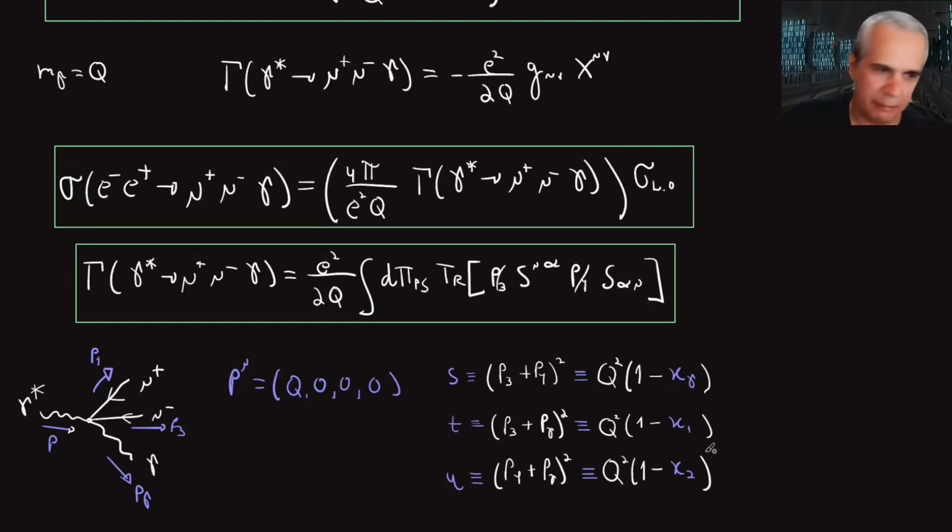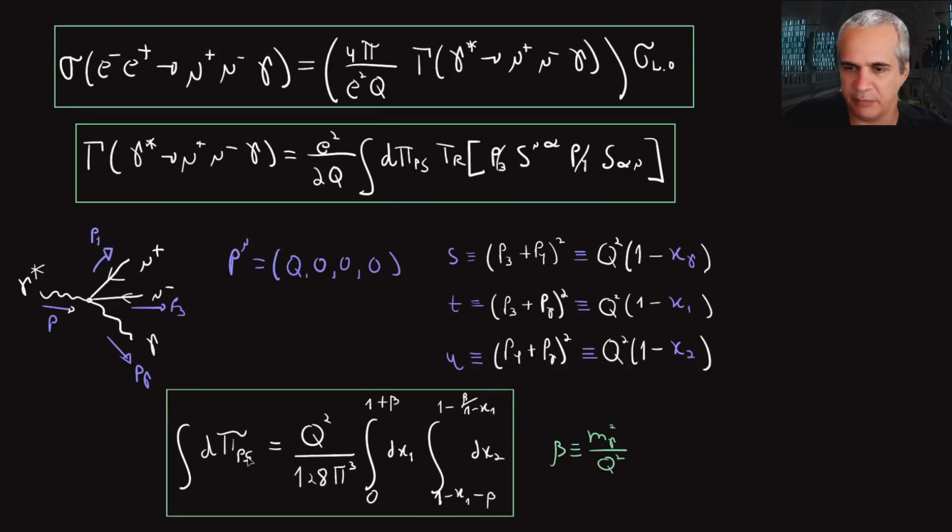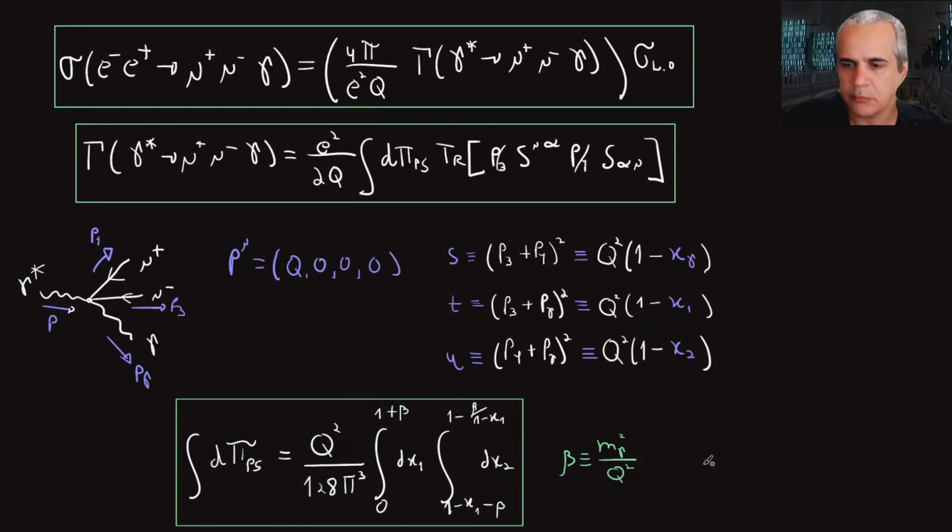In fact, I'm not showing that here; I'm giving it as an exercise. You can show that in that frame and using these variables, the phase space can be written in this way. It's much simpler than the integration over three momenta.